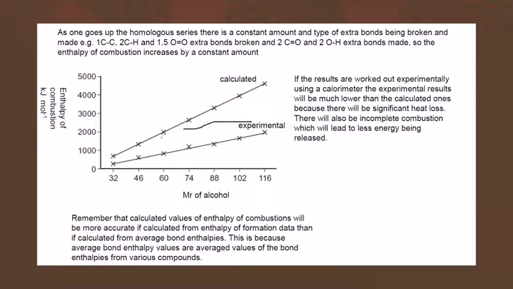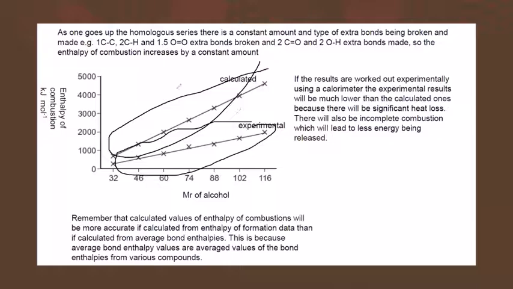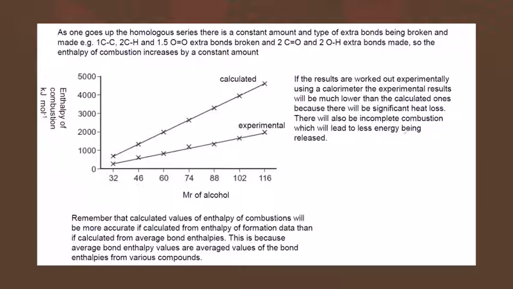When we calculate by the bond enthalpy method, we get a higher value compared to the experimental one. Because there is incomplete combustion. As there are more carbon atoms, we need a greater amount of oxygen, and it increases the incomplete combustion of a hydrocarbon or a fuel such as alcohol. That's why the experimental values are always lower than the calculated values.